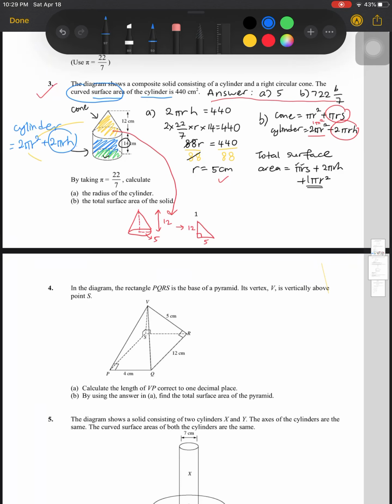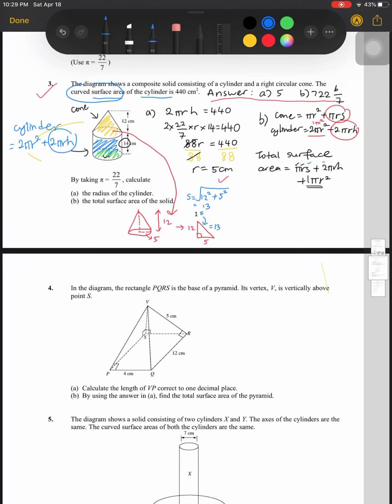Can we find the value of the longest side of the triangle? Yes, of course, by using the Pythagoras theorem. This is s, the slant height. To get s, it's the square root of 12 squared plus 5 squared. Use your calculator to get the answer, and s is 13.